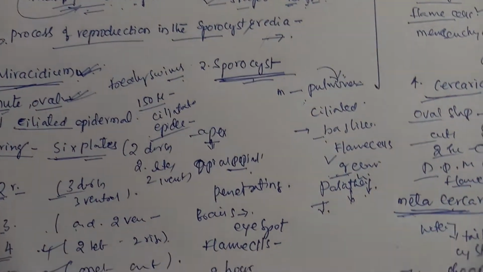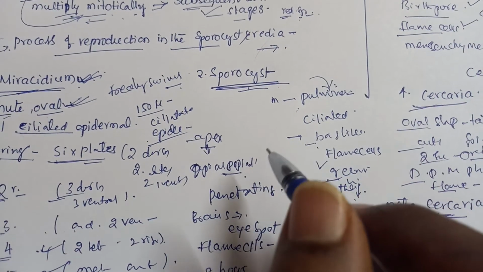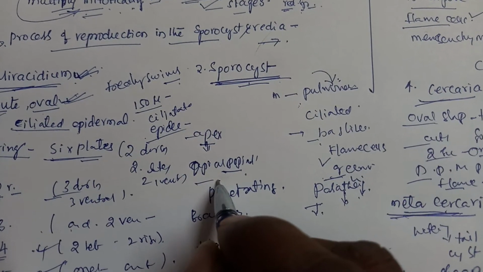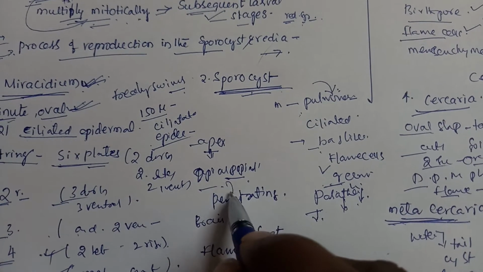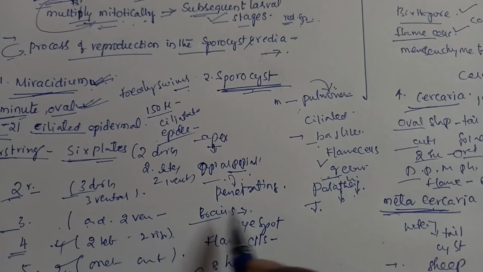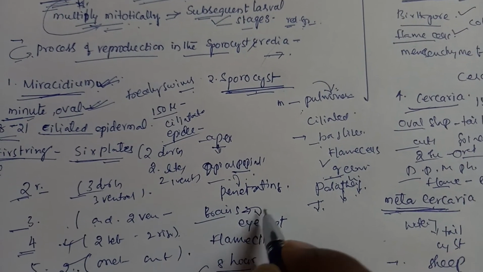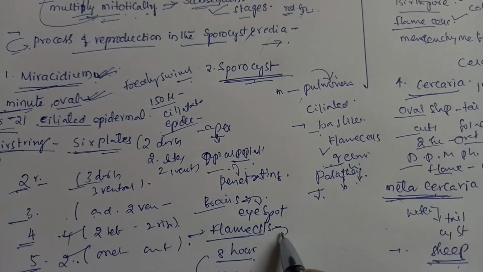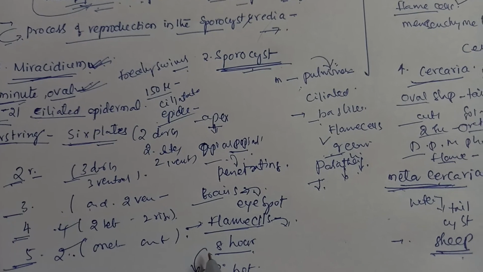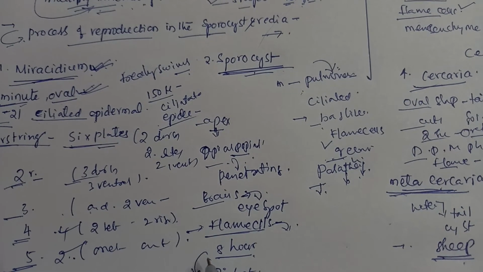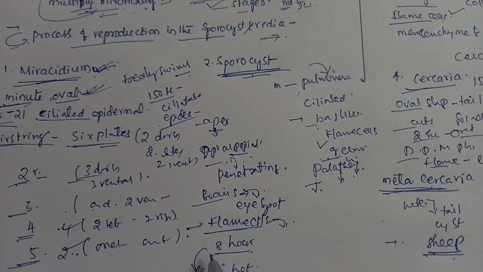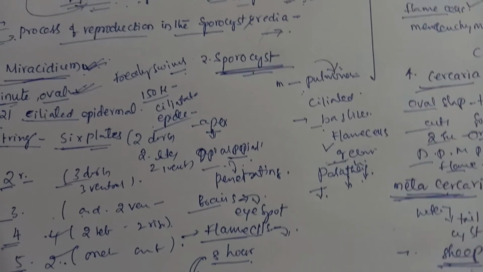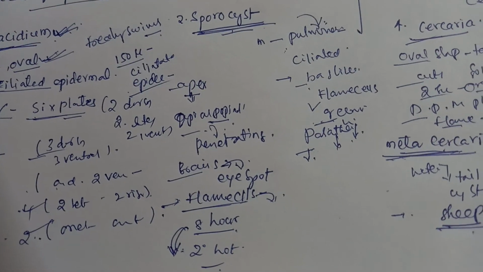There is an apical gland, which opens into the apical papilla, and 2 penetrating glands are also present, and the brain, with 2 eye spots above it, and flame cells. The main function of the flame cells is excretion, and this larva lives only 8 hours, and within this period it has to reach its secondary host, otherwise this larval form dies.